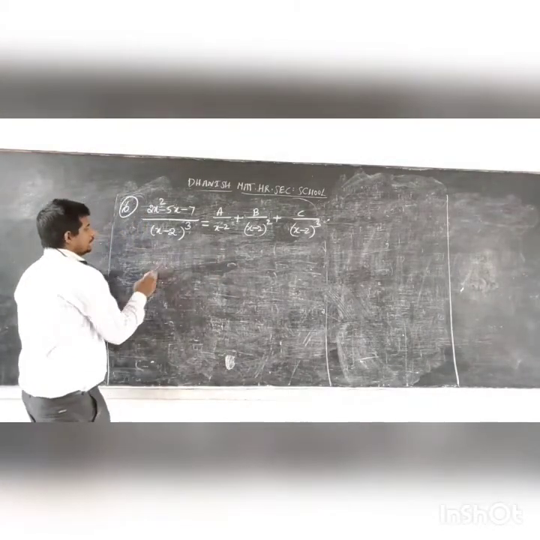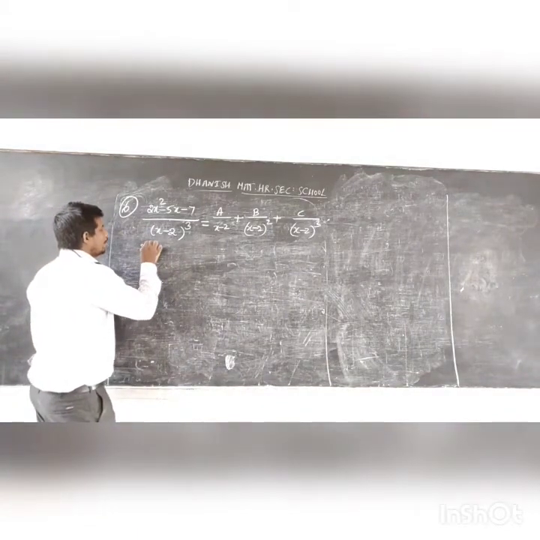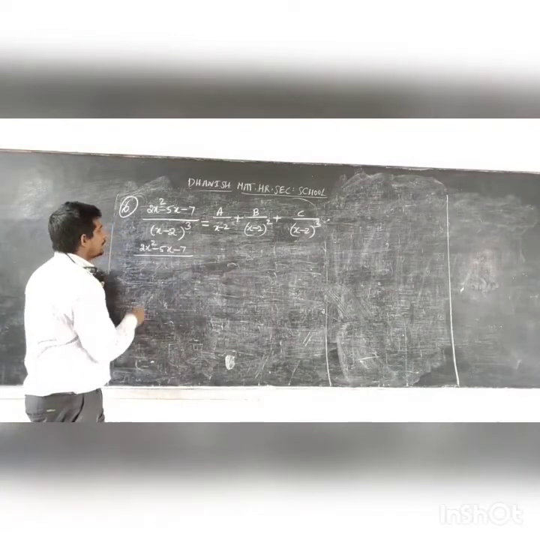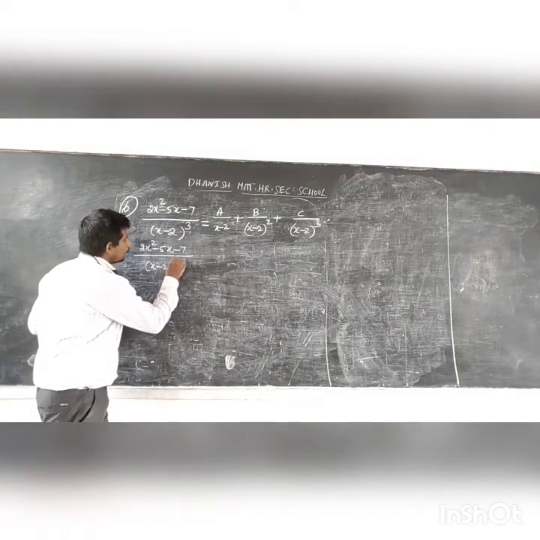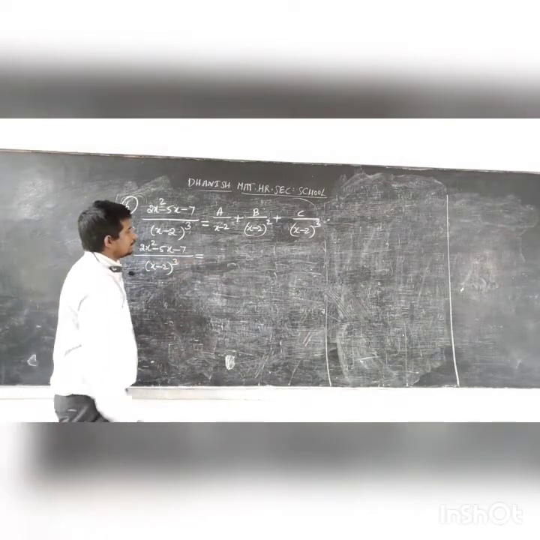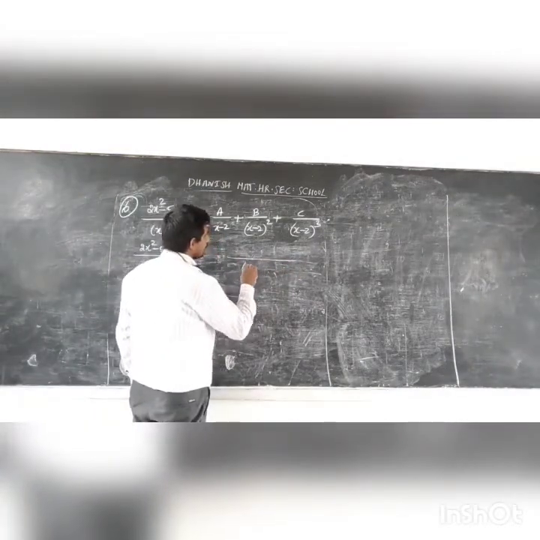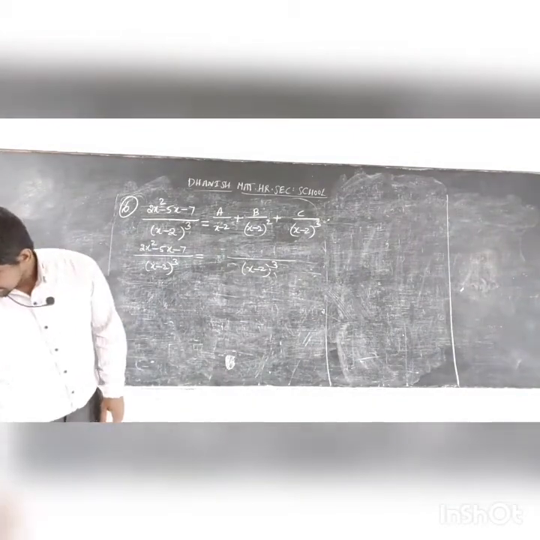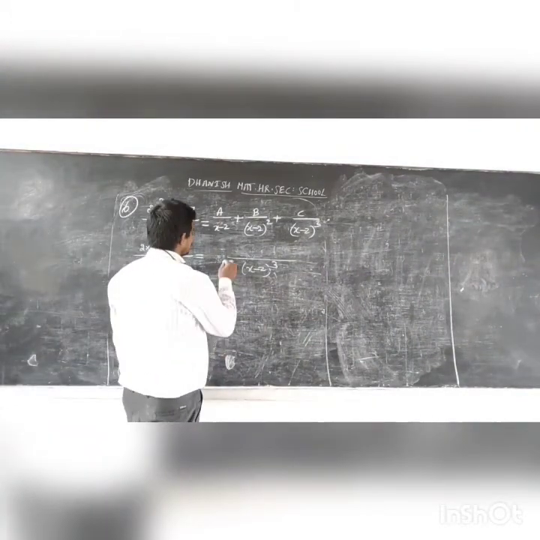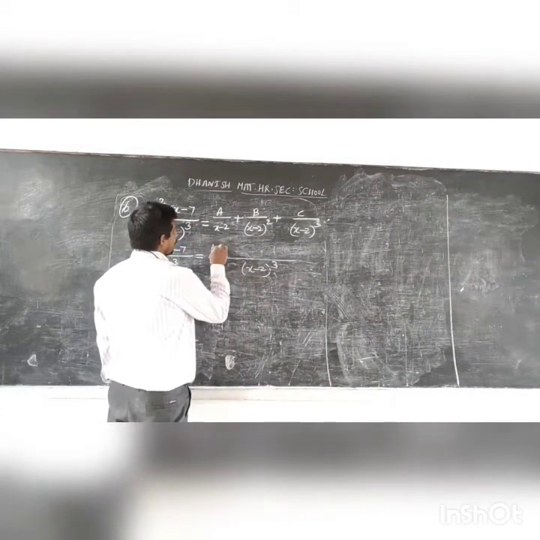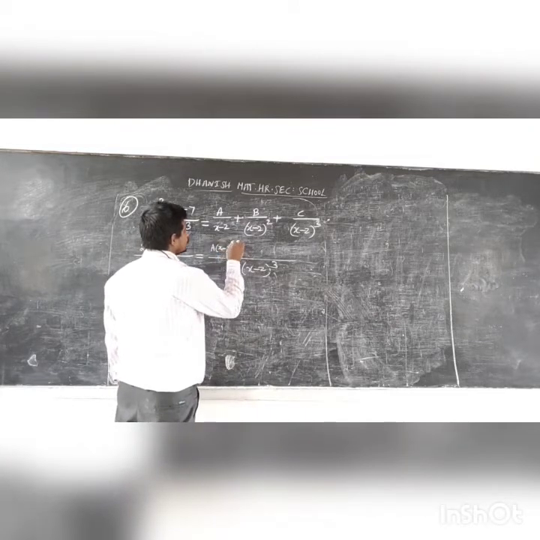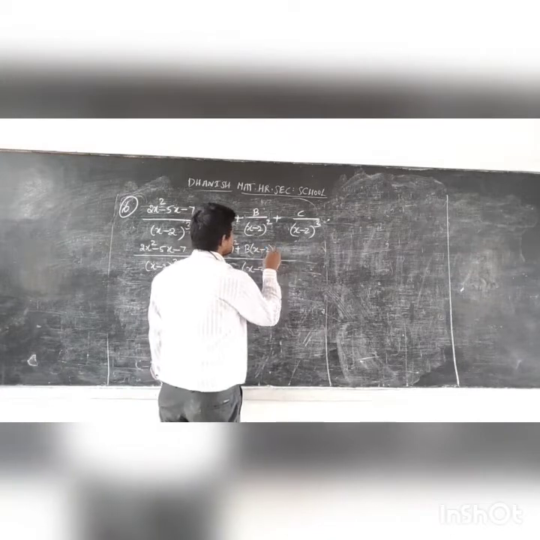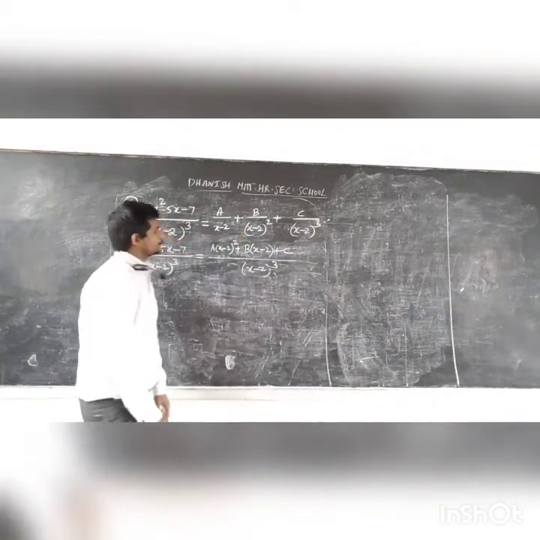Now the next step would be 2x square minus 5x minus 7 divided by x minus 2 whole power 3 equal to, here I am going to take the LCM as x minus 2 whole power 3. The numerator will be a into x minus 2 whole square plus b into x minus 2 plus c.